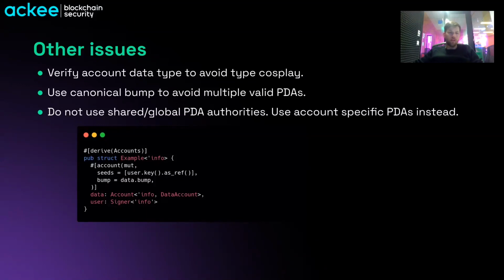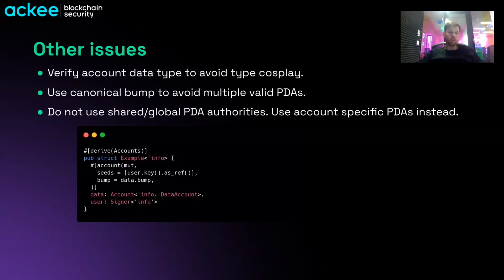So there is a best practice that only the canonical, so that means the first or the highest bump number, should be used to avoid having multiple valid PDAs.